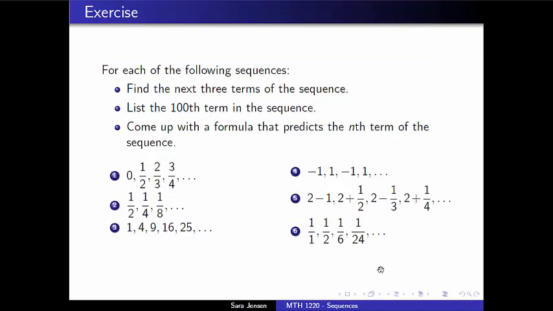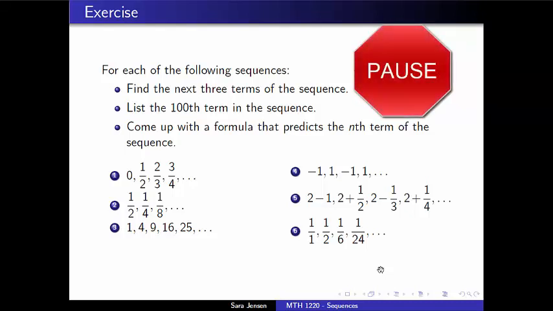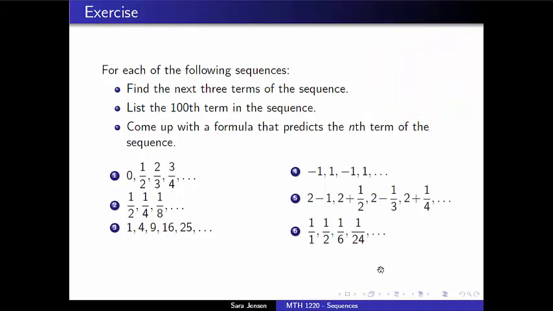So what I'd like you to do if you're watching at home is pause the video and do, for each one of these sequences, I've provided 6 sequences for you. Make sure you understand the sequence by listing out the next 3 terms. Then see if you can have that same predictive power we had on the previous slide. See if in your head you could envision what the 100th term in the sequence would look like.